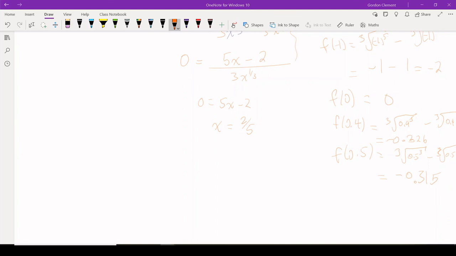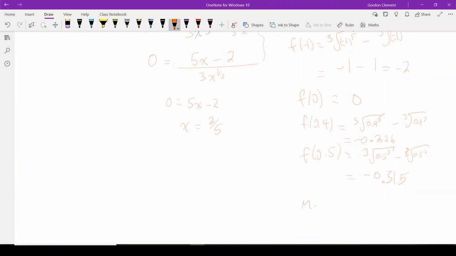So our max is the origin, and our min looks like it's at -1 and -2.